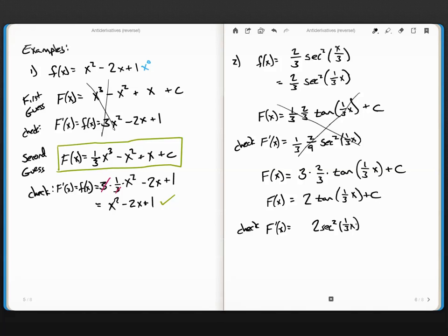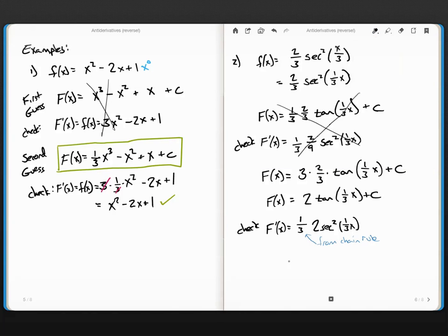I know that the constant goes away, but then the chain rule says I have to take this 1/3 out here. Let's make a note of that. That's from the chain rule.